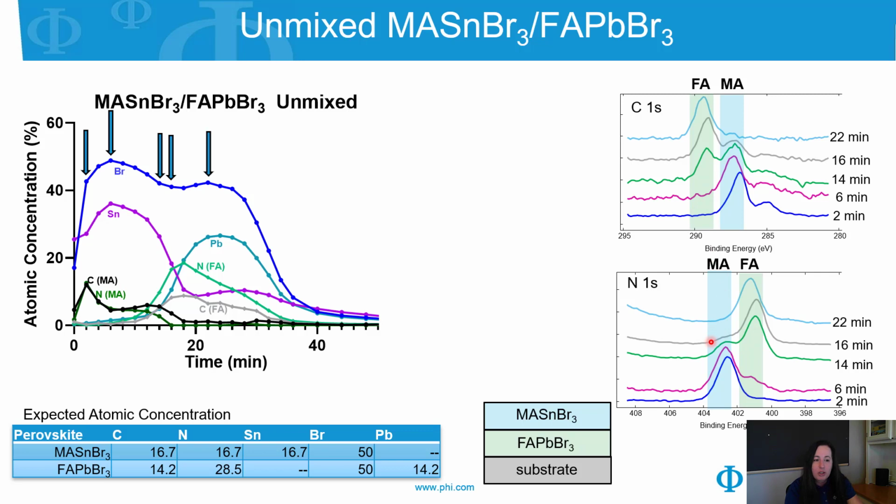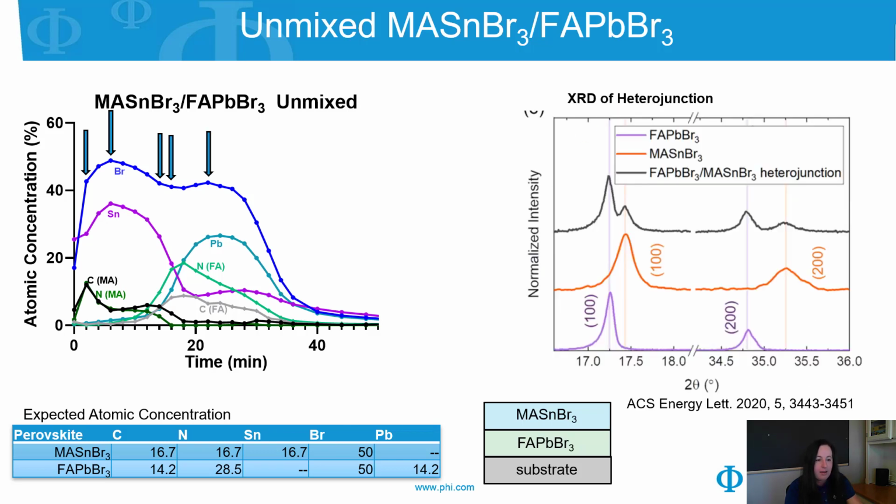So XPS is a good method to look at these components because they're separated, but we both can see that the composition, the ratio between the carbon to nitrogen changes when we go from one to another, as well as the binding energy of the carbon and the nitrogen. And she, again, took the X-ray diffraction pattern to confirm that this sample was unmixed.